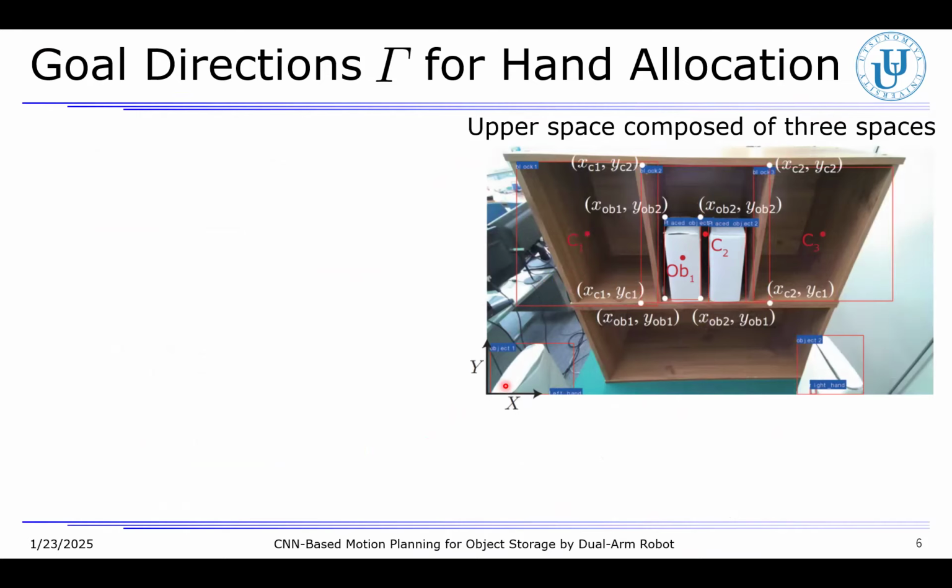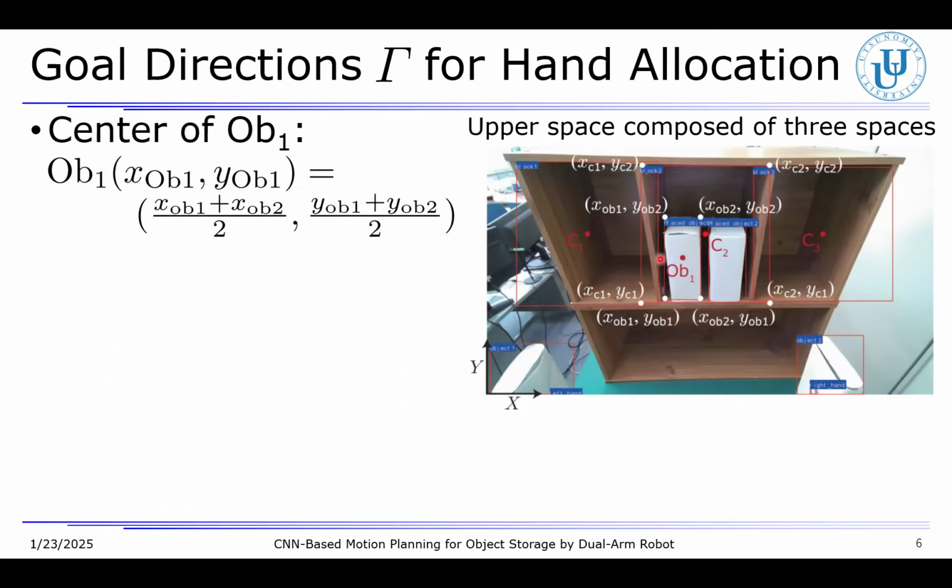The coordinates of the bounding boxes corresponding to the center space and the left object are indicated by the white points. So first off, the center coordinates of the placed objects are calculated. For example, the center of the left object, OB1, is calculated as you can see here.